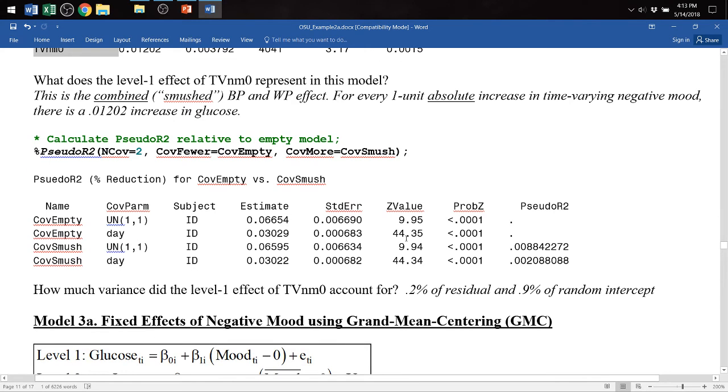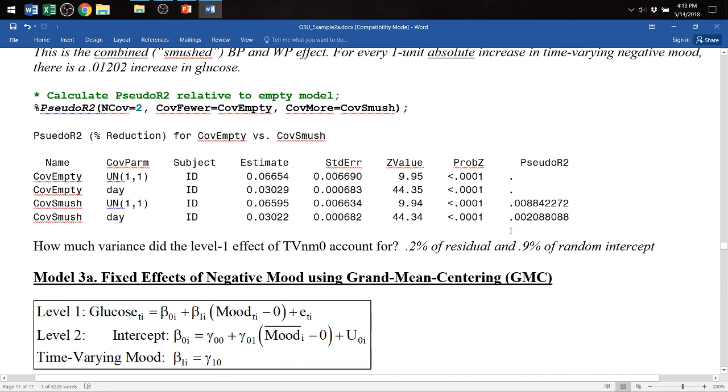So here's what happens when we fit this smushed model. We get the 0.2 of the residual that we got from the correct version of the model. The within model is fine. But we were supposed to have gotten 3.3% of the random intercept. Instead, I only got 0.9%.